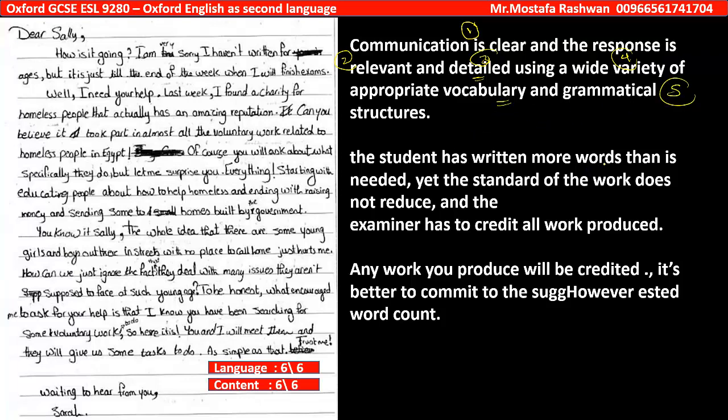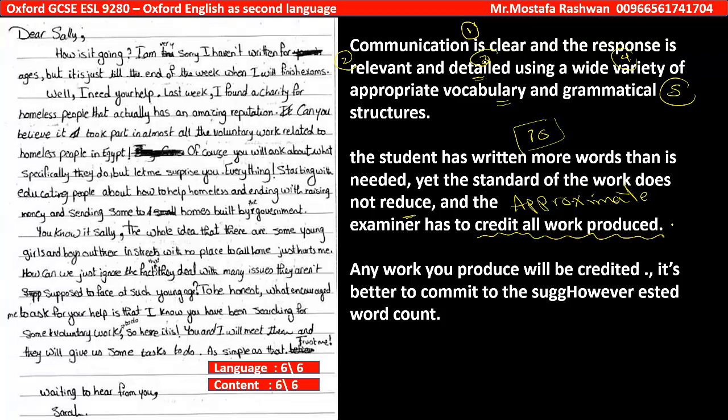The student has written more words than is needed. We know that the maximum number of words given is 70 words, and here the student has exceeded the word limit. But the word limit here is just approximate, as the mark scheme referred to. Yet the standard of the work doesn't reduce, and the examiner has to credit all work produced.